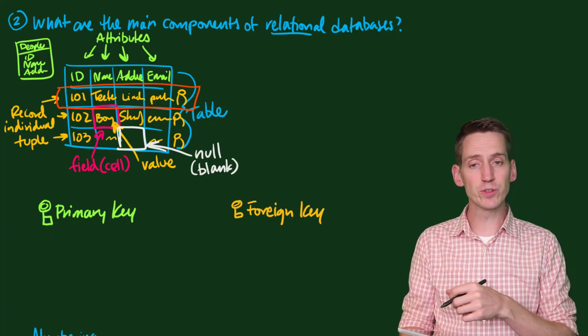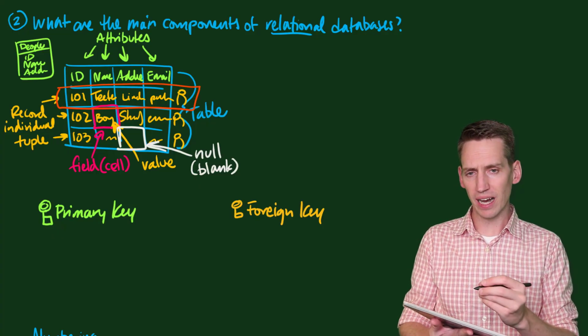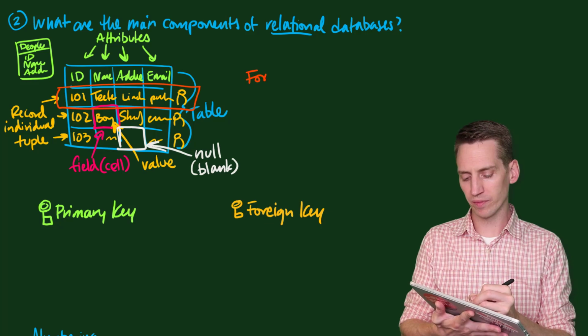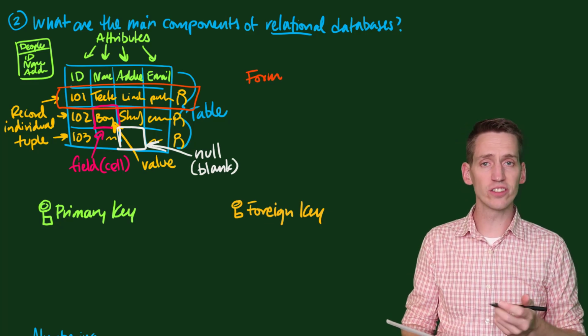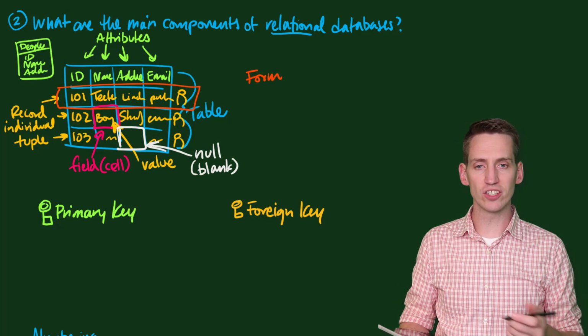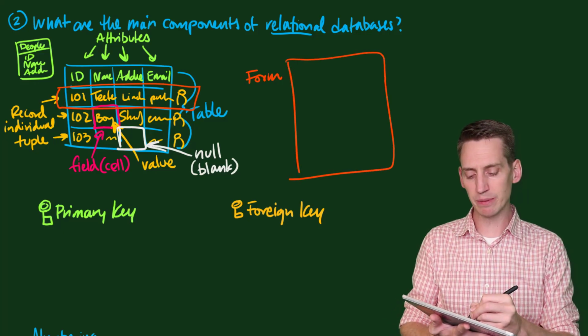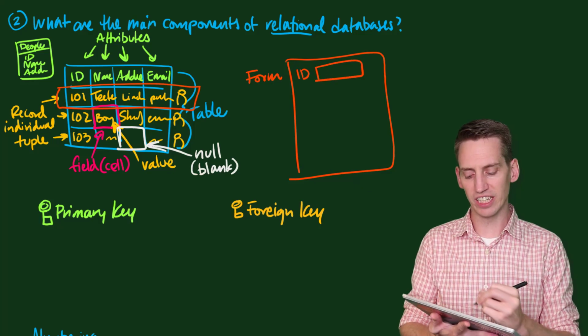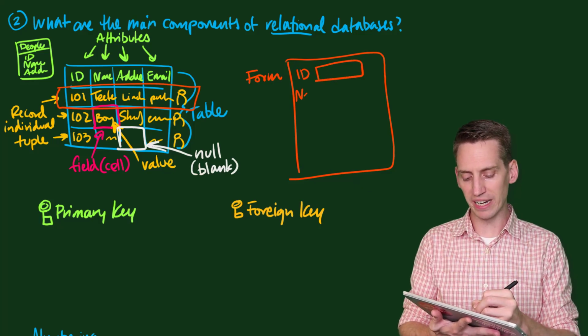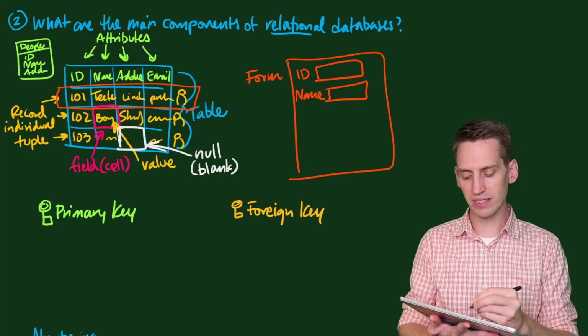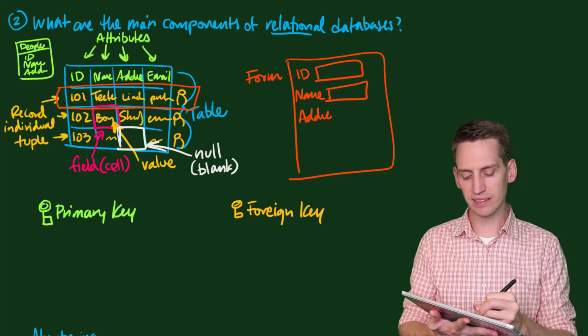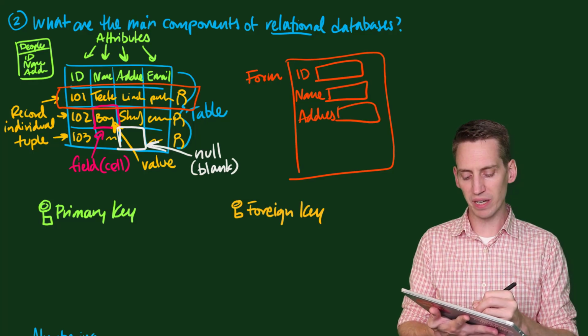If I wanted to capture the information for this individual, I'm going to use something called a form. And this is what you see on the internet all the time, or when you fill in an application online. So a form is a document where it's going to ask me for my ID, and it's going to give me a box. It's going to ask me for my name, and a box, my address, and my email.